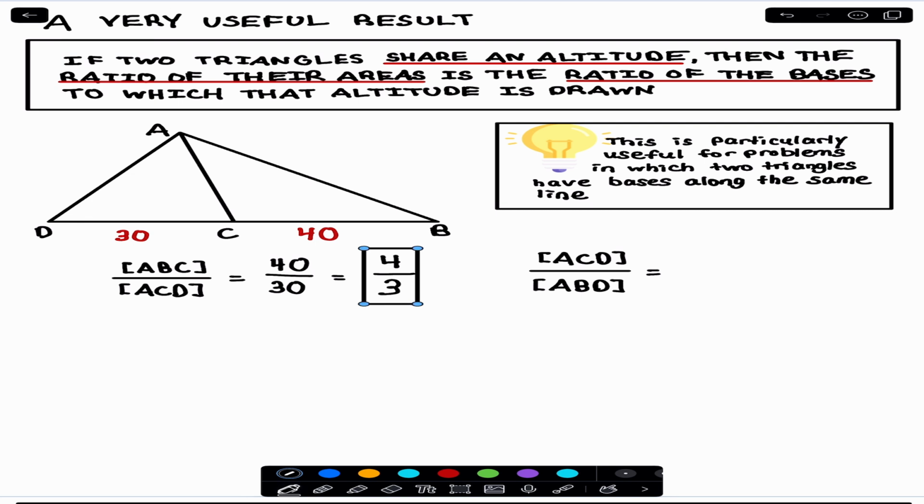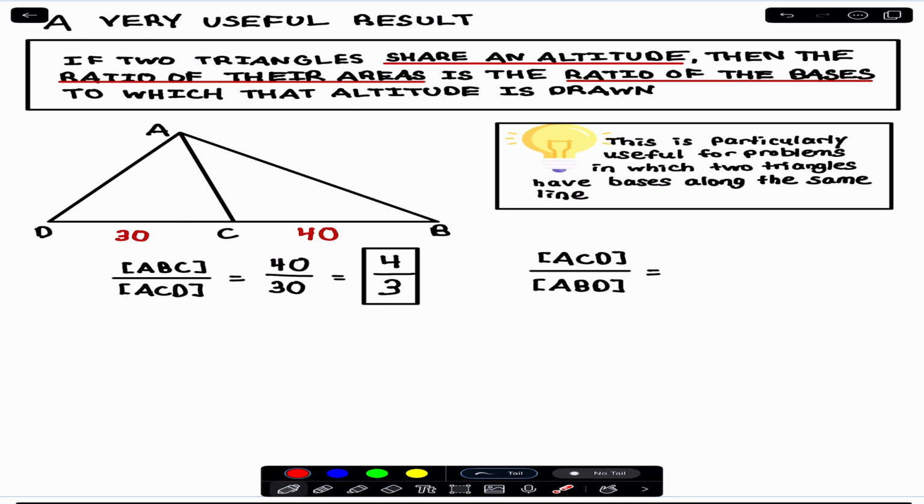We can do the same for this next problem. So we can see we have two triangles, triangle ACD and triangle ABD. They both share an altitude coming from point A down to this side.